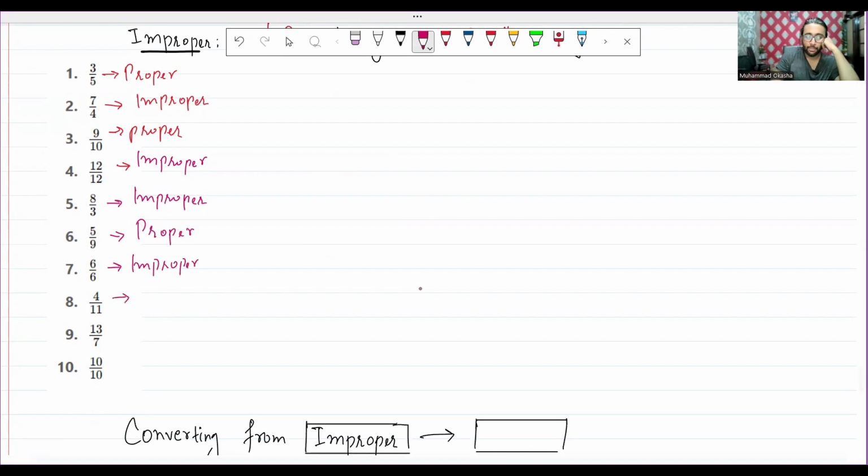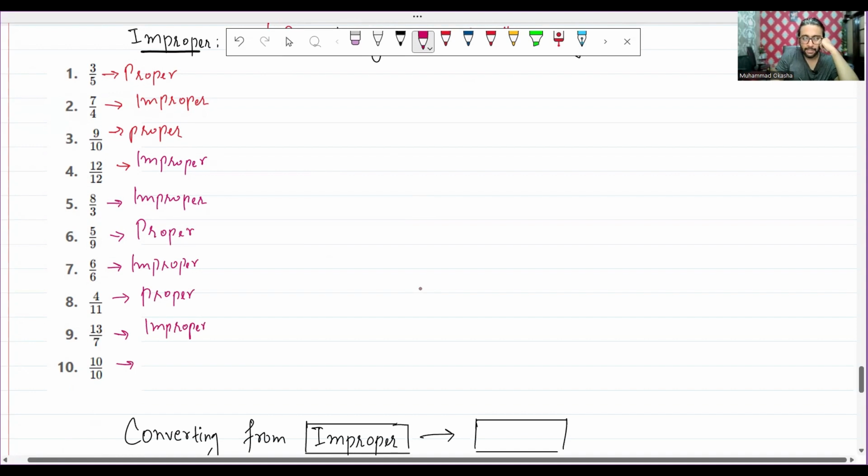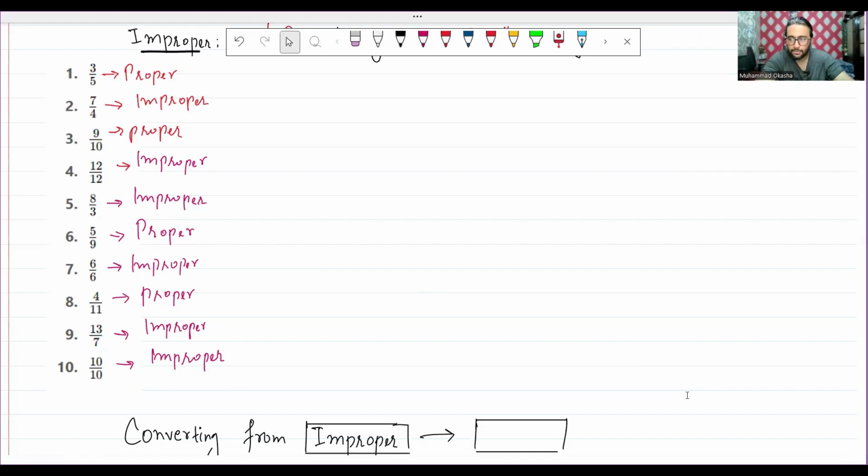Bottom heavy, so this is proper. Top heavy, so this is definitely improper. And this fraction is equally heavy, so again, improper. I hope it gives you a better idea about proper and improper fractions.